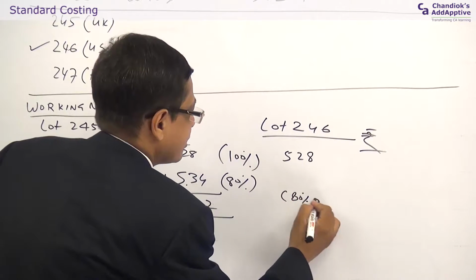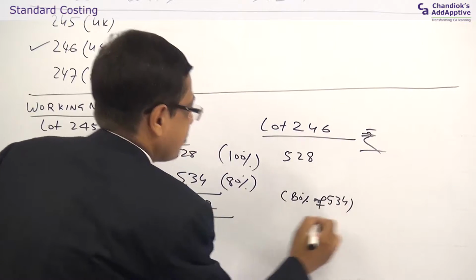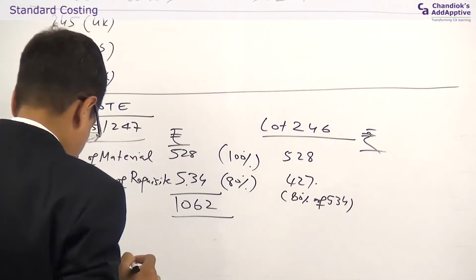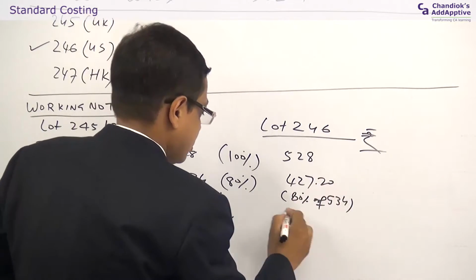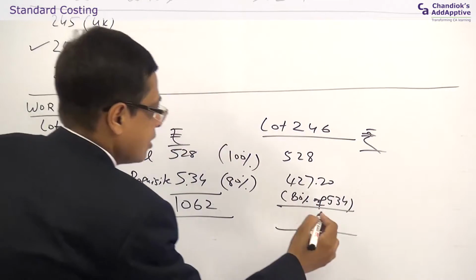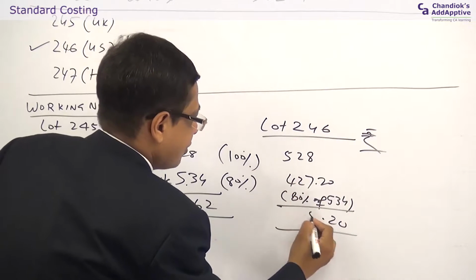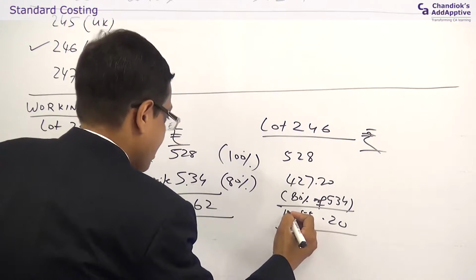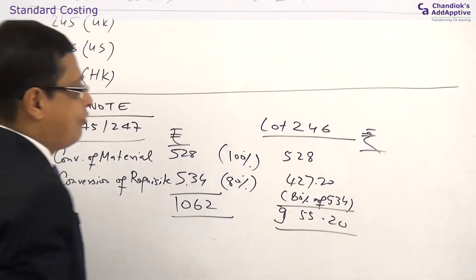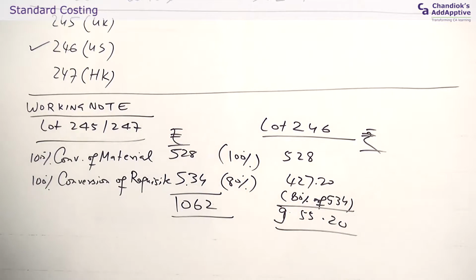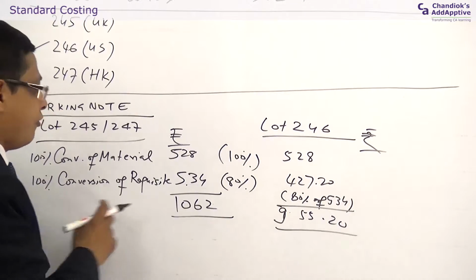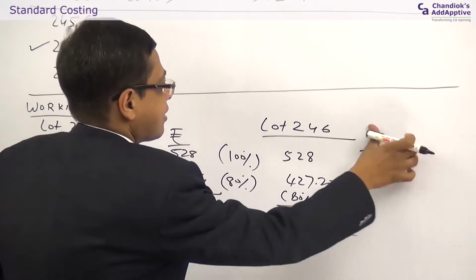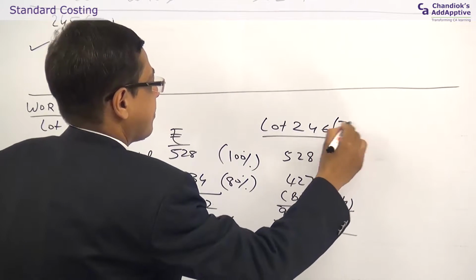So, 80% of 534 works out to rupees 427.20. Now, you have to add it. So, 955.20 is the conversion value for lot number 246. So, you can write rupees here.